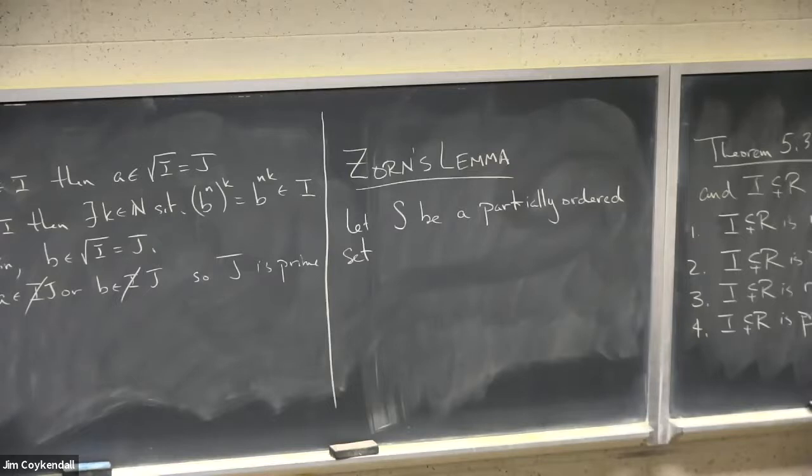You want everything to compare to itself, that is, A is less than or equal to A. And you want transitivity: if A is less than or equal to B, and B is less than or equal to C, then A is less than or equal to C. Now, what the adverb partially means is you may not have all apples in the basket. If you pull out two apples, you can compare them. But you might pull out an apple and an orange, and there's no way to compare them. So partial ordering means that all those things apply only if you can actually compare them.